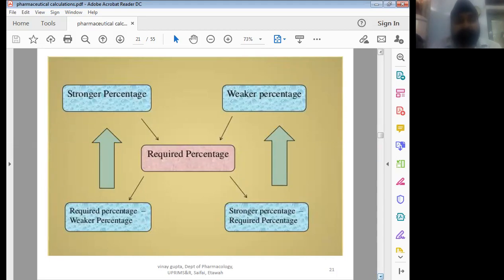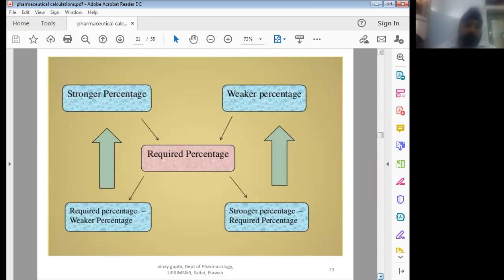Now we'll keep the stronger percentage and weaker percentage at two different sides, and the required percentage in the middle, in the center. From the stronger percentage we will subtract the required percentage and keep this value towards the weaker percentage side, which will give us the volume of the weaker percentage required.